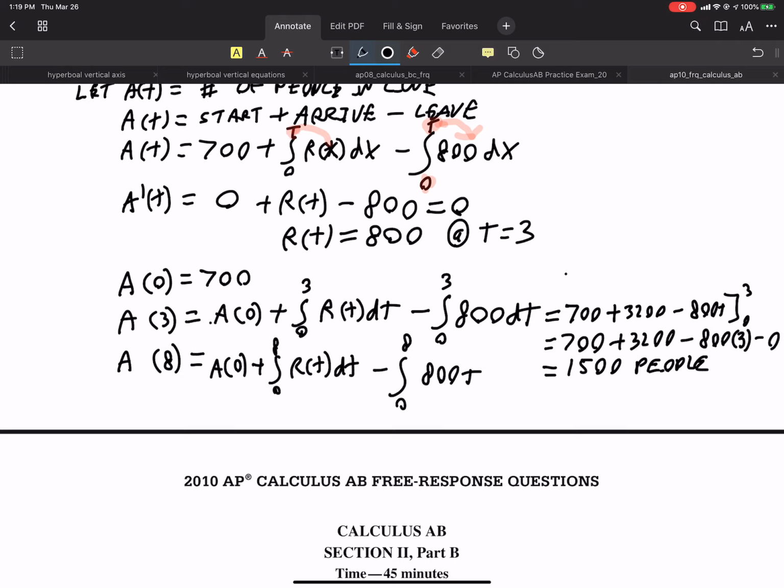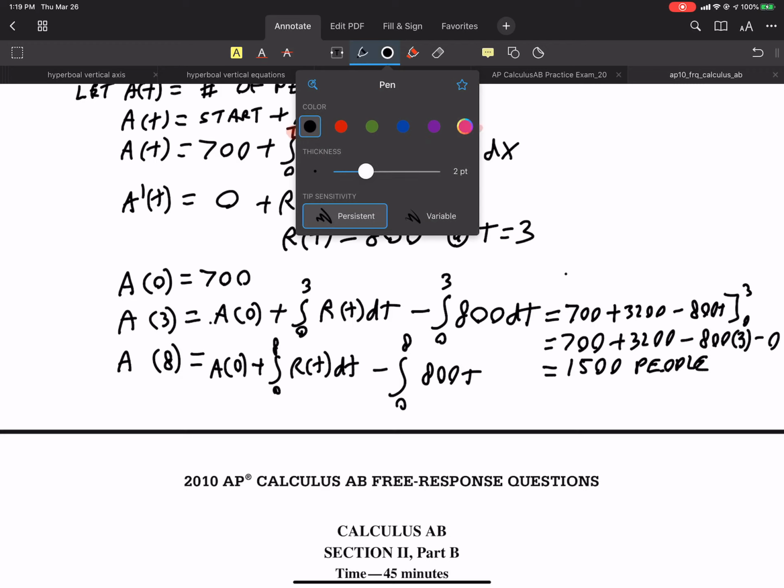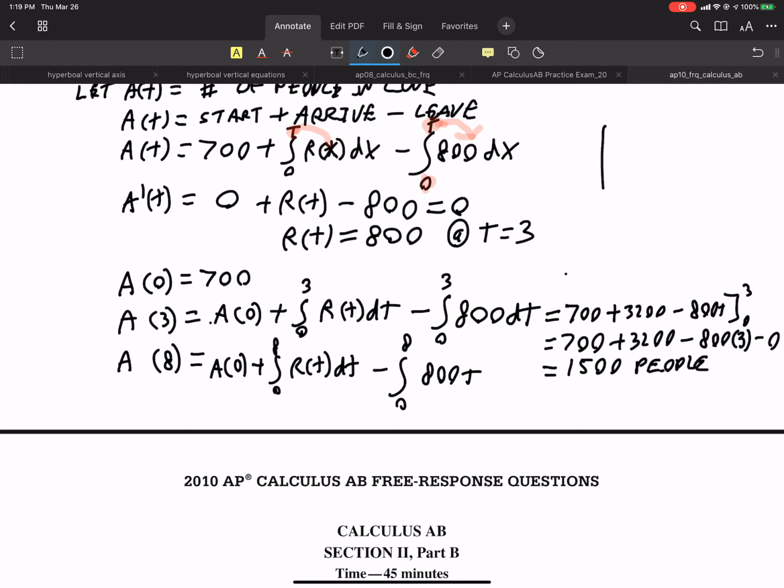Okay, back to this integral. Instead of finding the antiderivative, we actually don't even need to do that. Let me give you a little visual of what's going on. If I graph the function, it is a constant function. The rate of people leaving is constantly 800.